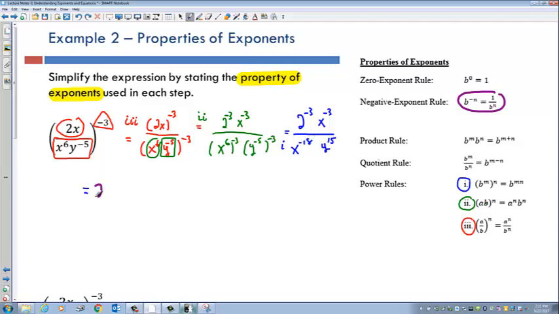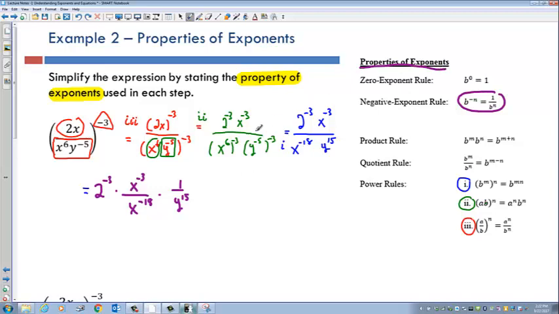Write this as 2 to the negative 3 times x to the negative 3 divided by x to the negative 18. So I'm just going to separate the terms out, put the likes together, and then times 1 over y to the 15th.